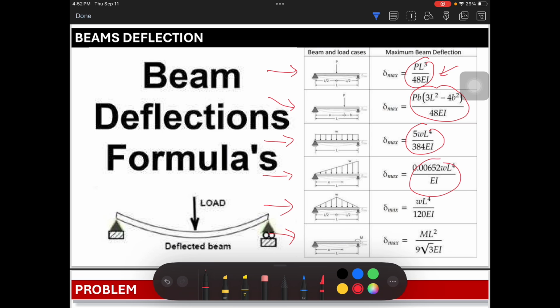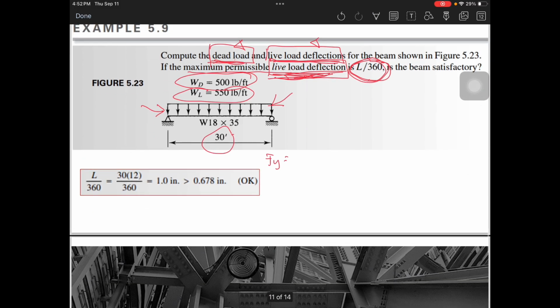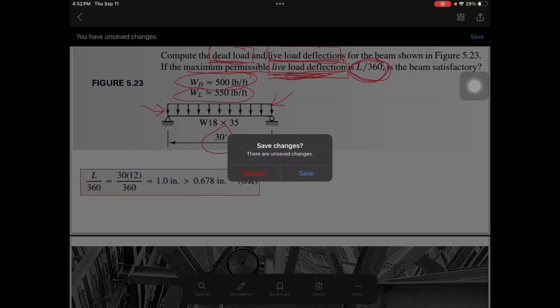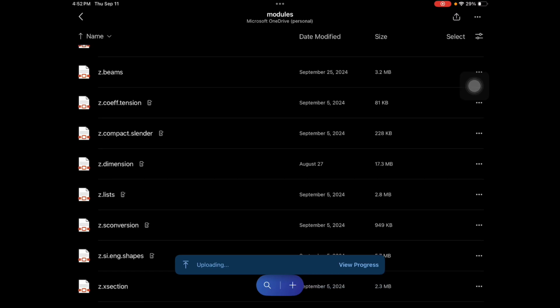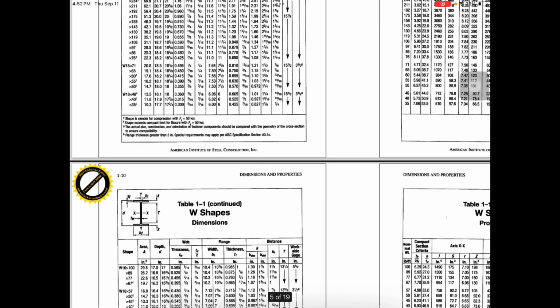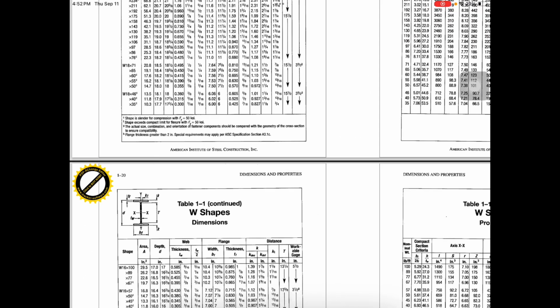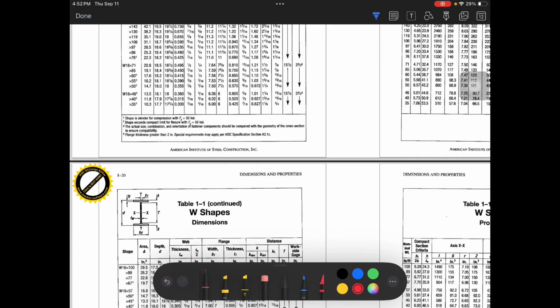What we need is E, and the I. So, we need the I of our beam. Our beam is 1835. What's the I of 1835? Let's check the table. W1835, here it is.